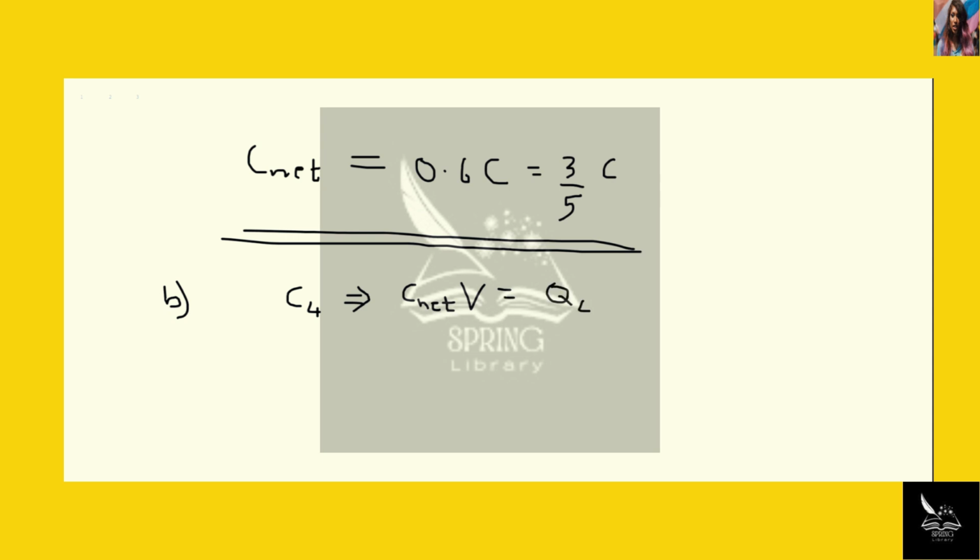Let's denote it by Q4. So Q4 will be 3 by 5 CV. Remember that C4 was in series, so it has all the charge of C net, since in a series capacitor system, all the capacitors have the same charge.